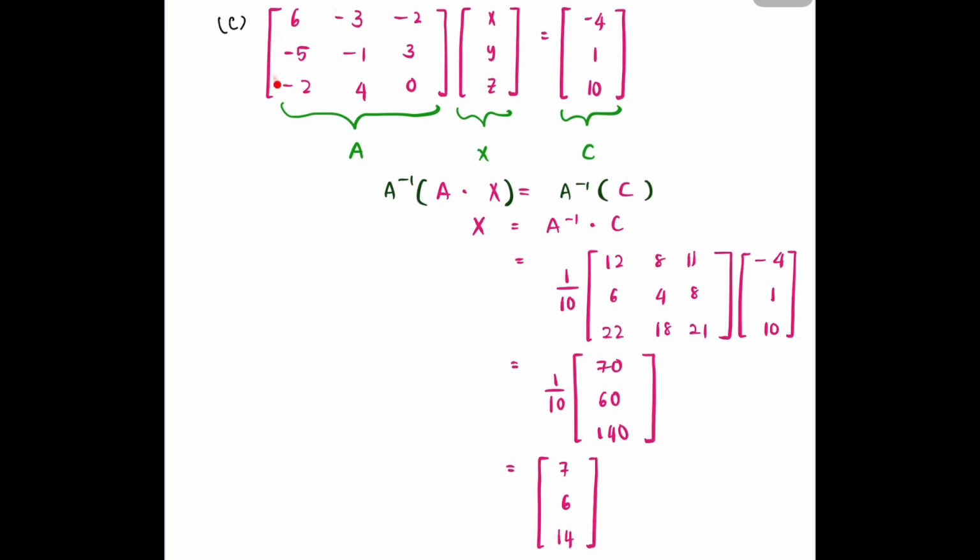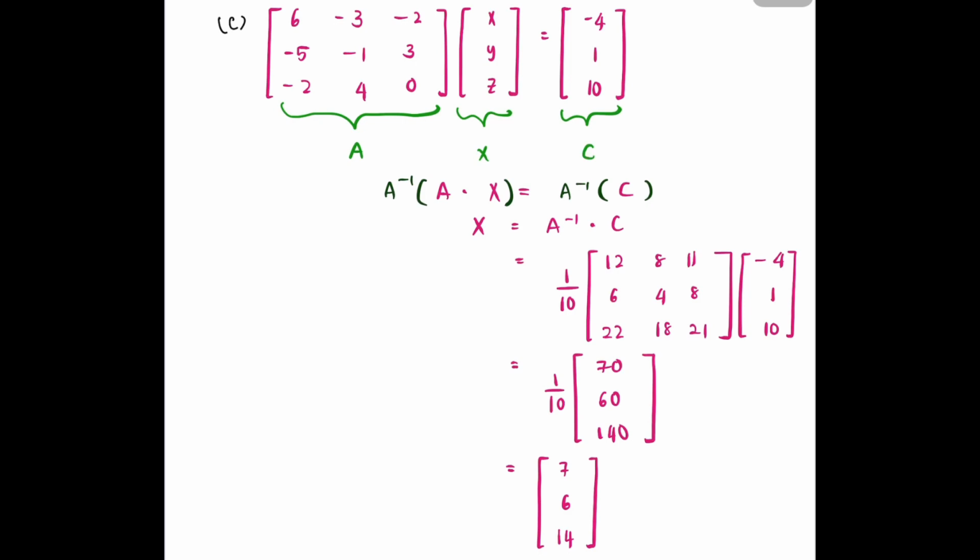So we can see this is actually matrix A. And then this is, let's name it as X. And then this one, let's name it as C. Usually we will name our right hand side with B. However, B is already given in the question, so we need to use another variable. So now let's rewrite here as AX equal to C.